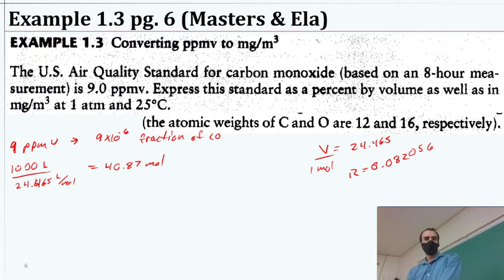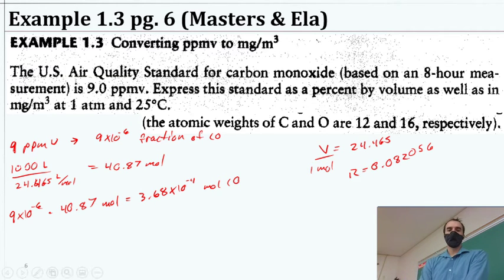So if we take that approach, then we can simply multiply these two together. We know there's a total of 40.87 moles in the system, and some portion of those are going to be the carbon monoxide. So 9 times 10 to the minus 6 multiplied by 40.87 moles is going to give us 3.68 times 10 to the minus 4th moles of carbon monoxide.